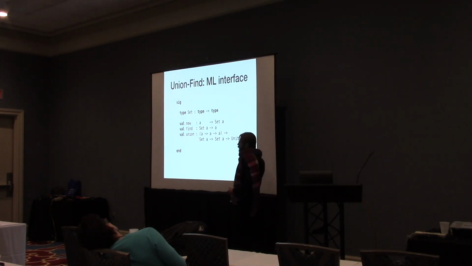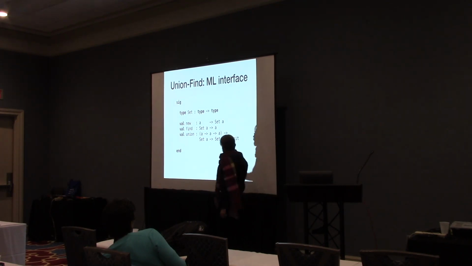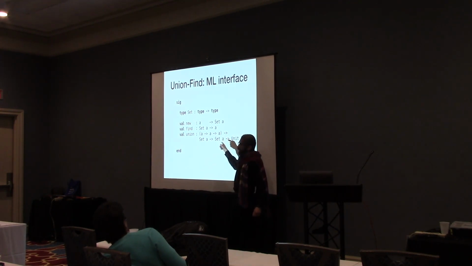Right? And if we want to unite two sets, we'd better find a way, or provide a way, to unite the representatives. So what we have here is a function that tells us how to do it. Right?